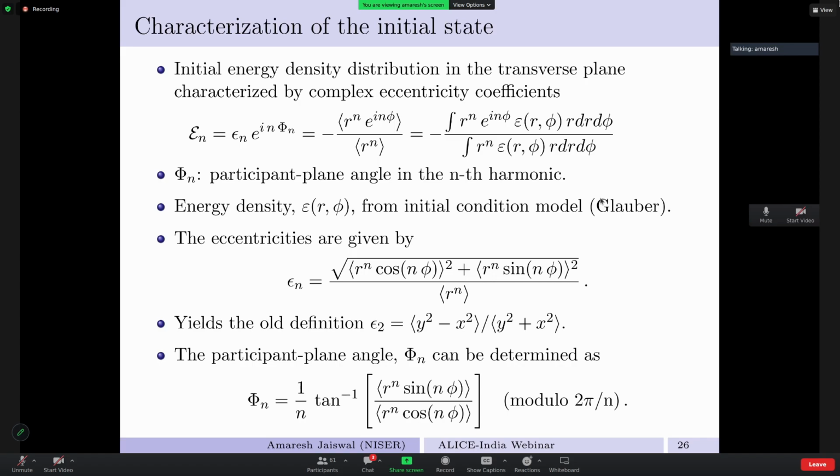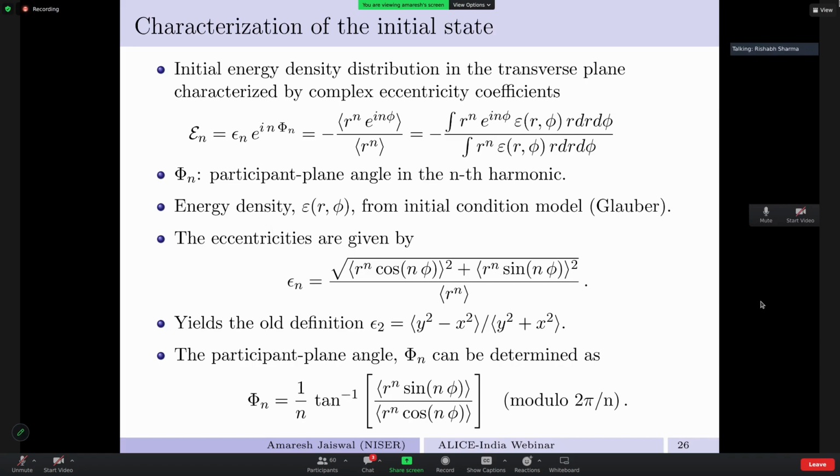If I want an energy density distribution in the transverse plane, I can give the input to the Glauber model as which nucleus I'm considering and what the impact parameter is. The Glauber model simply takes the inelastic cross section you provide and gives you the energy density distribution. But impact parameter is a theoretical concept. What do you have as a proxy for that experimentally? That is centrality, collision centrality.